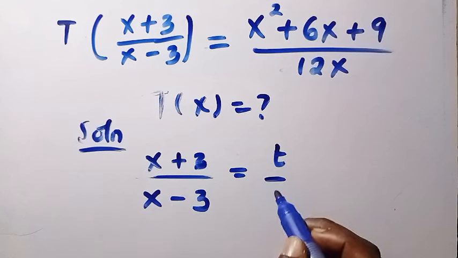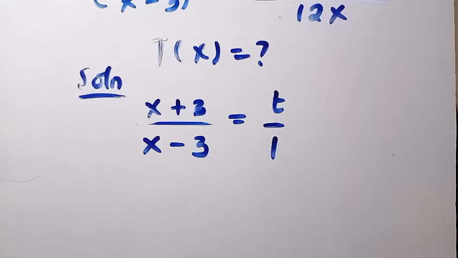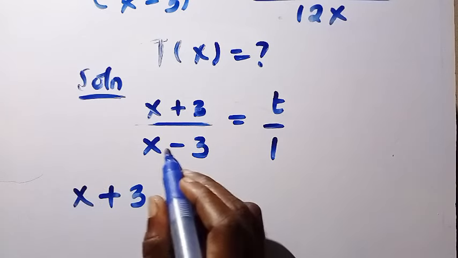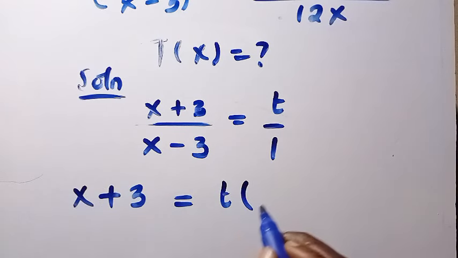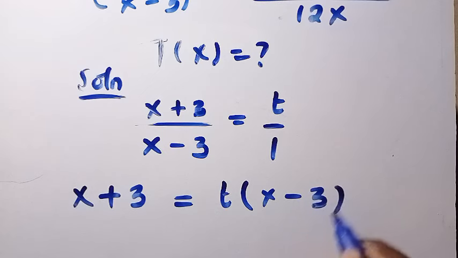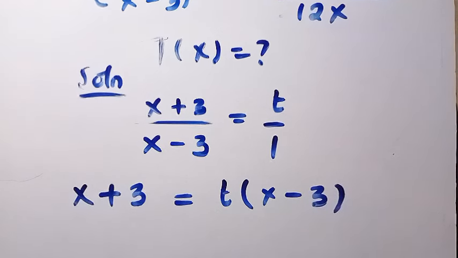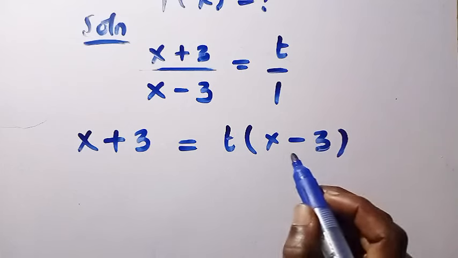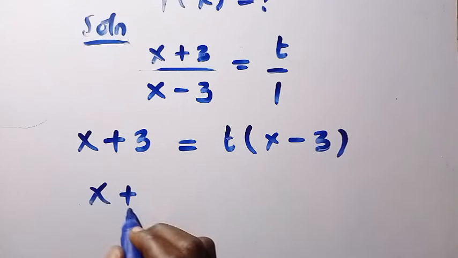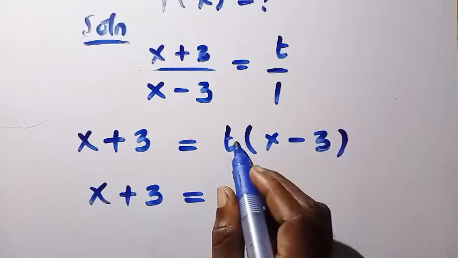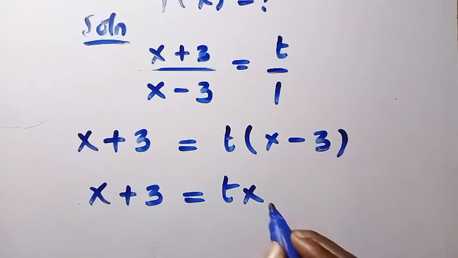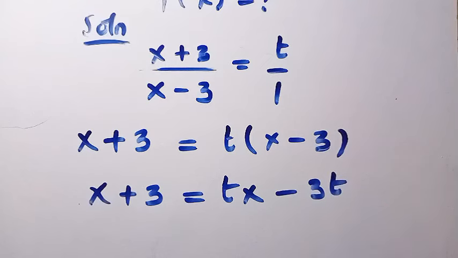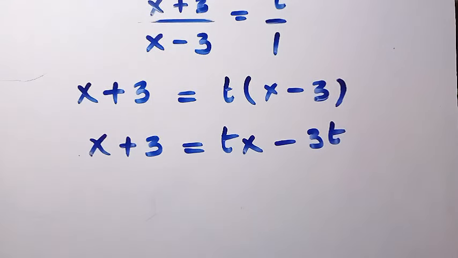Cross multiplying, we have x plus 3 equals t times (x minus 3). Let's open the parenthesis on the right-hand side: x plus 3 equals tx minus 3t. And let's collect like terms.